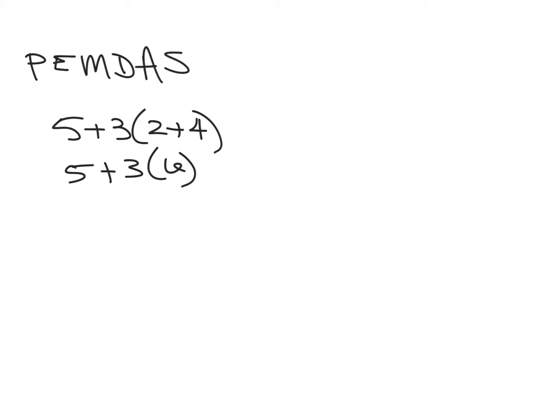Then it says do all the multiplication, and we start on the left and move to the right. Actually, the way this works, the M and the D are really together. You do either the multiplication or the division from left to right, as you come upon it. In this case, we start here. We've got a 5 plus.